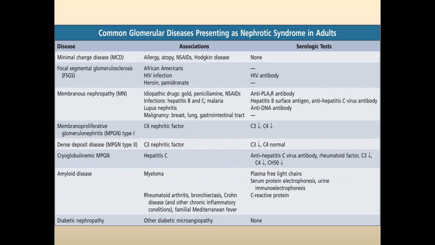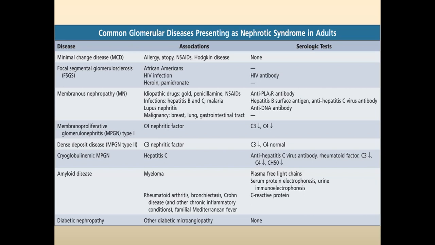Dense deposit disease is MPGN type 2. Membranoproliferative glomerulonephritis is actually divided into two classes, class 1 and class 2. Class 2 is dense deposit disease, in which C3 nephritic factor is present and C3 is decreased, but C4 is normal. In class 1, C3 is decreased and C4 is decreased. This differentiates both classes.